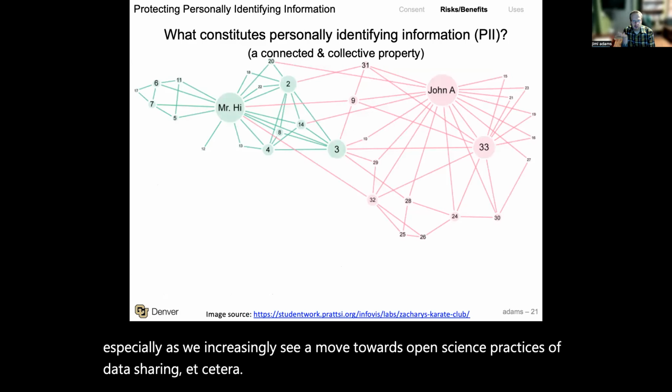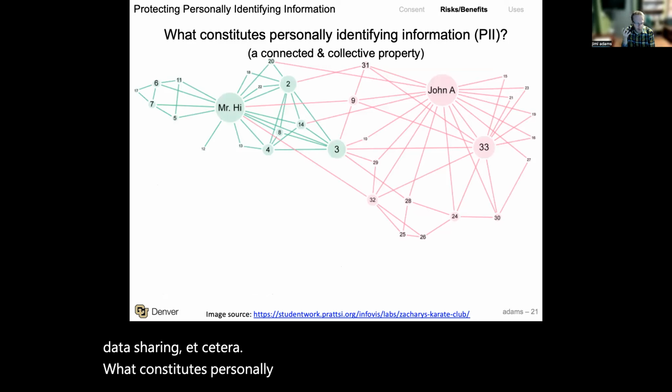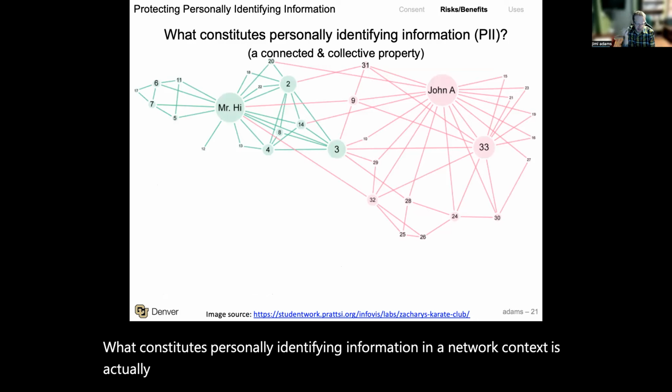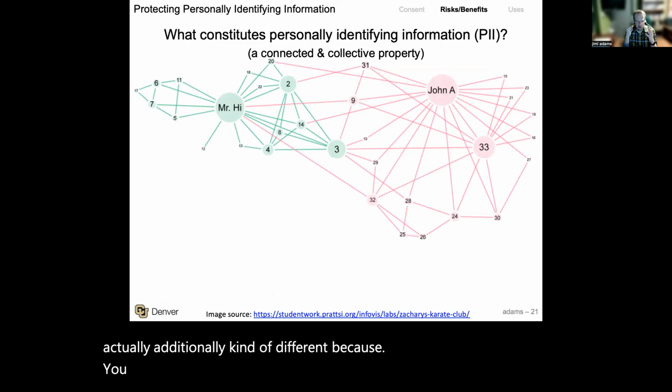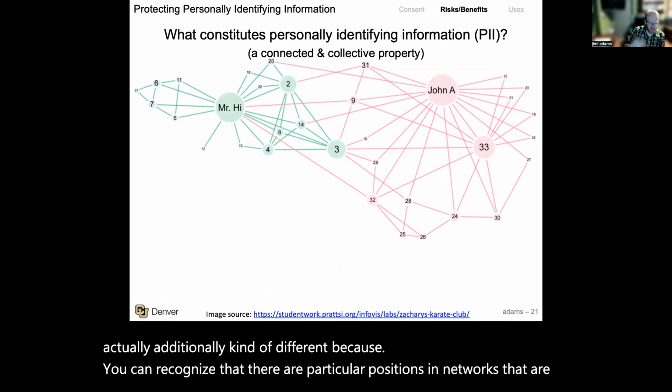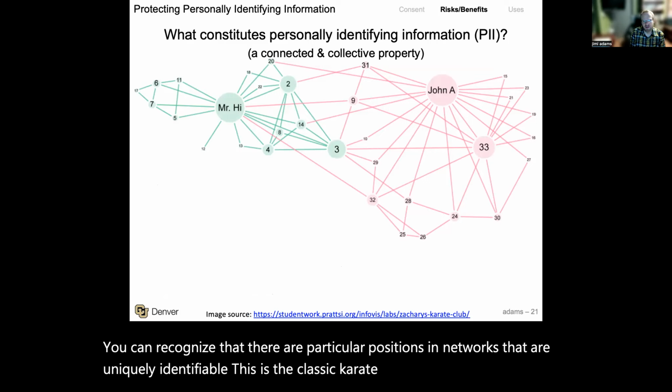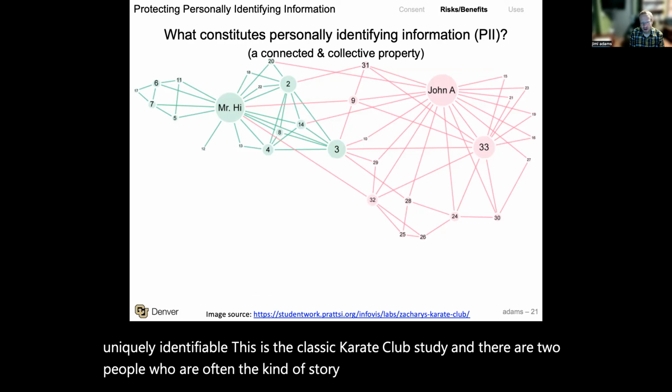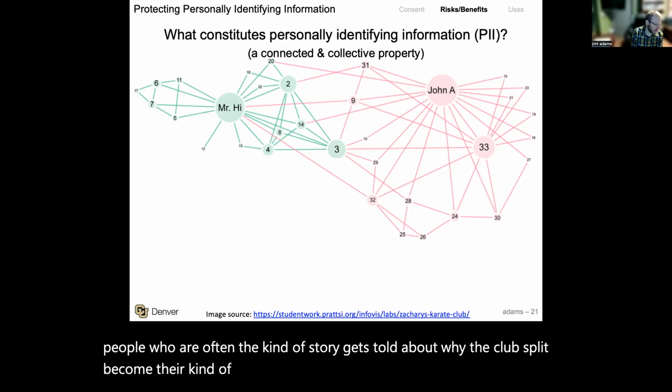So what constitutes personally identifying information in a network context is actually different, because you can recognize that there are particular positions in networks that are uniquely identifiable. This is the classic karate club study. And there are two people for whom the story often gets told about why the club split, and their labels matter, but labels could matter in any variety of contexts, right?